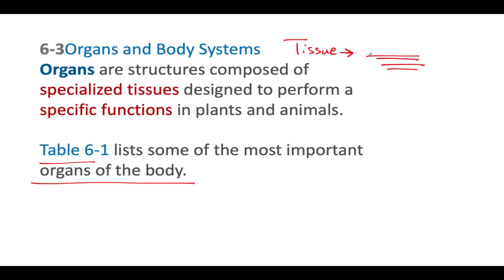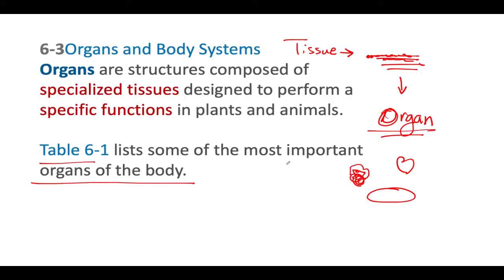Each layer is made up of cells, and these tissues come together to form an organ. Again, cells make tissues, tissues make organs. We might have a heart, a kidney, or a particular portion of a brain. I don't know how to draw a brain, but a variety of organs are produced.